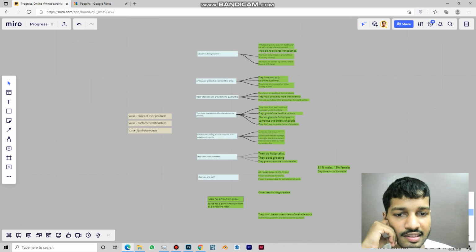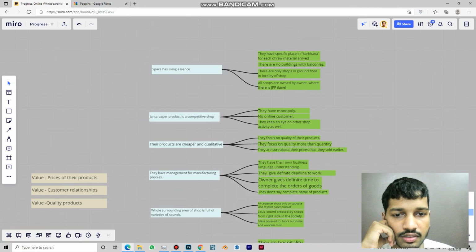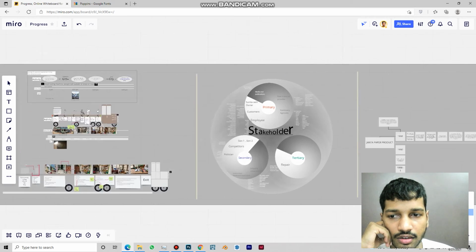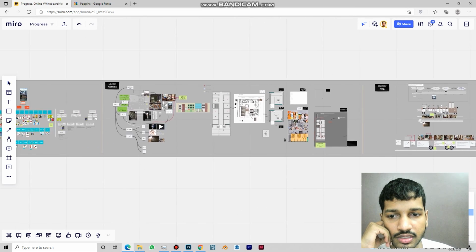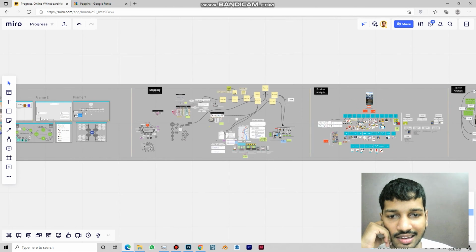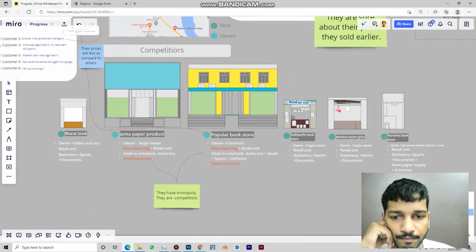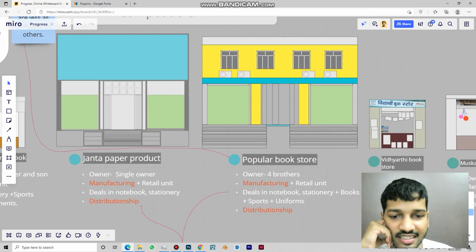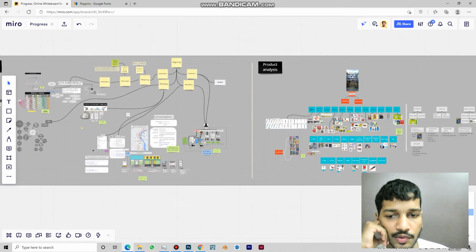So all the inferences that I got from there: they have a monopoly. The monopoly observation came from this marketing competitor analysis. These two shops were the only manufacturer and distributorship in the whole district.